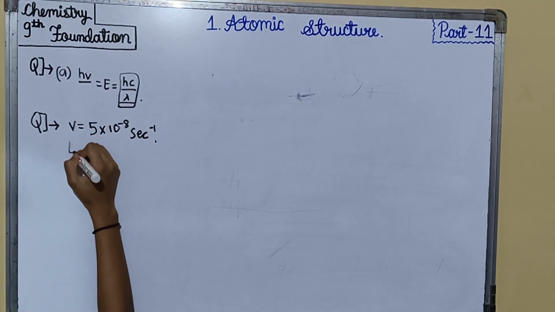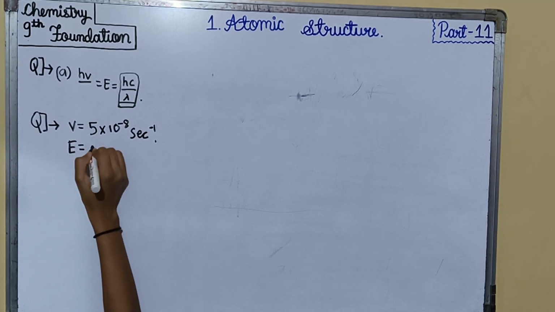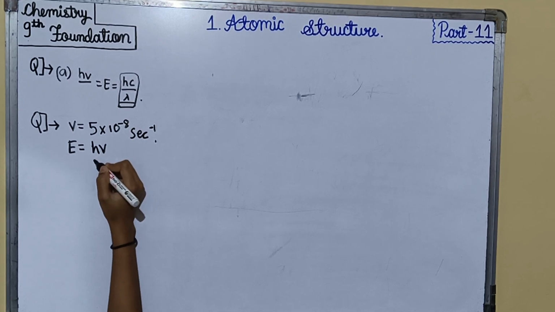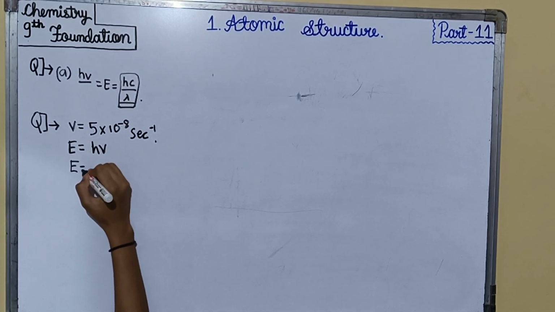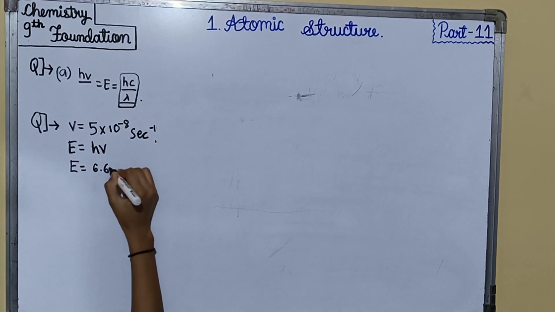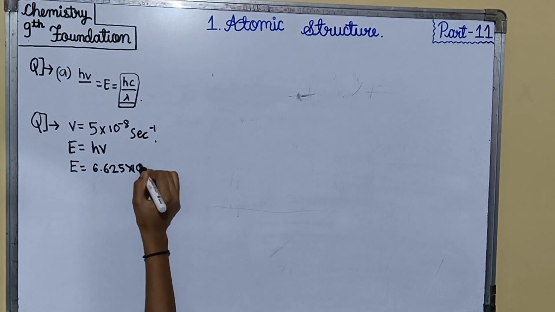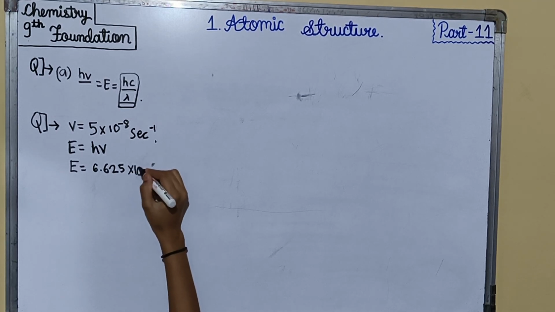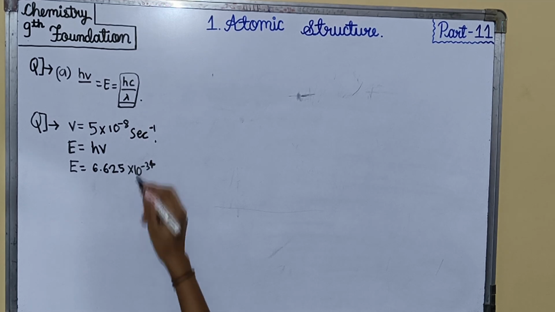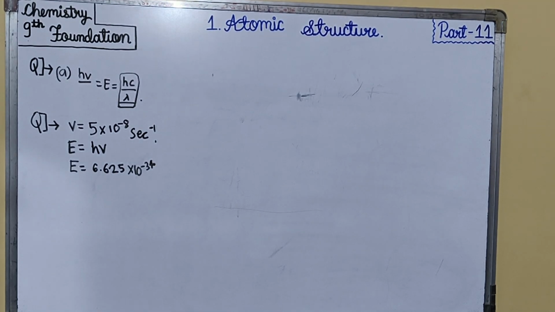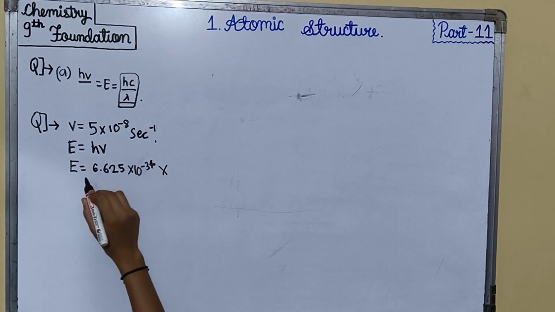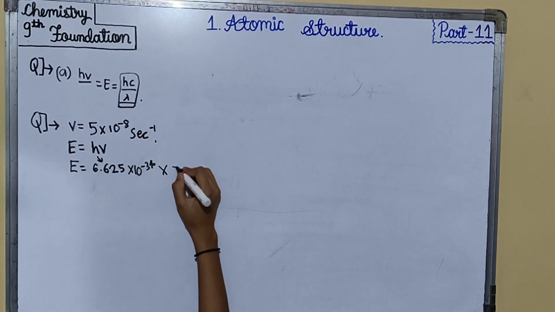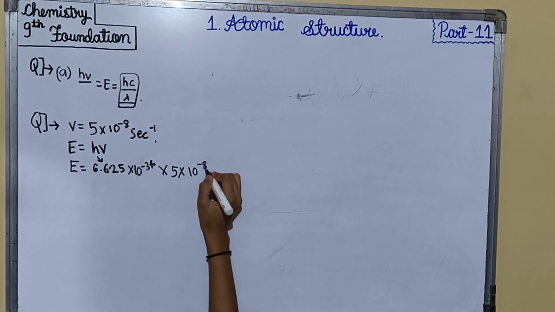We know that energy E is equal to hv. We have studied that 6.625 into 10 raised to minus 34 is the value of h, and the value of v, the frequency, is given, that is 5 into 10 raised to minus 8.